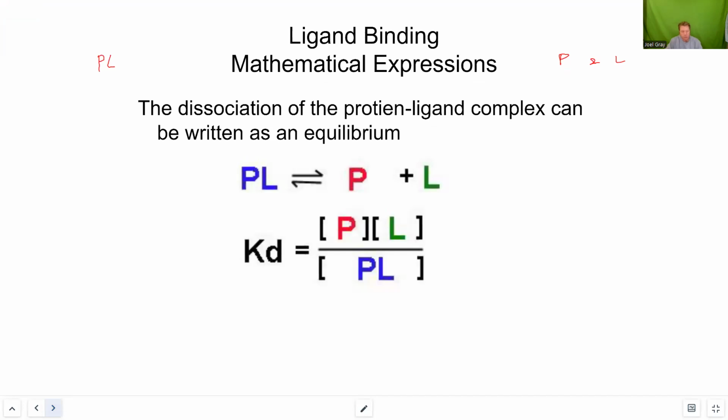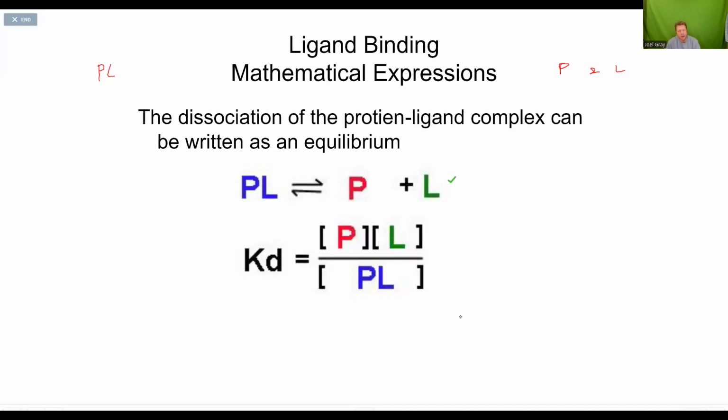So whenever we write this expression, effectively what we've got is our mechanism to write a dissociation constant, a KD, where we have our products and our reactants. We've taken the protein-ligand complex, PL, and simply written our expression backwards. Our protein-ligand complex will dissociate into a free protein and a free ligand.